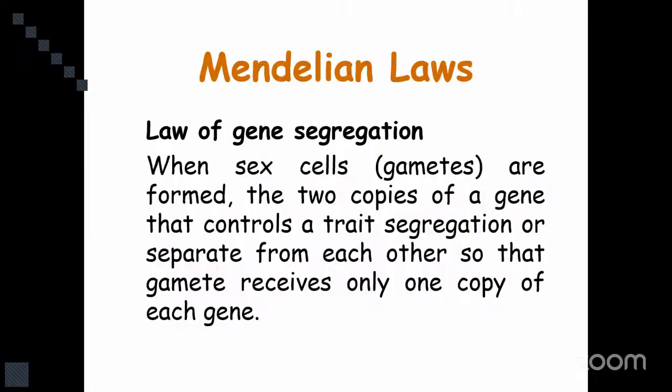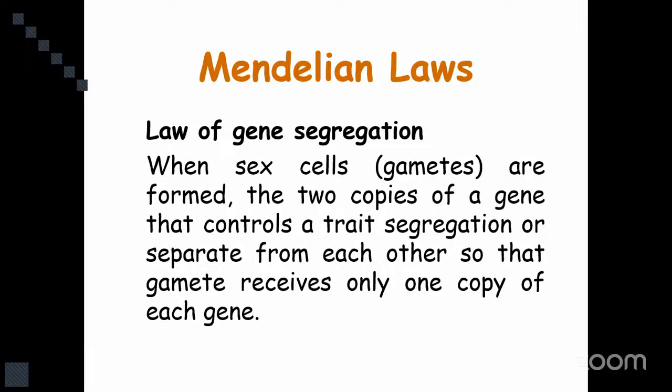Okay. So like we said, three laws of Mendel were enacted. The law of gene segregation stipulates that when sex cells are formed, the two copies of the gene that controls a trait will segregate or separate from each other so the gamete receives only one copy of the gene. Remember that for eukaryotic organisms, largely they are diploid.